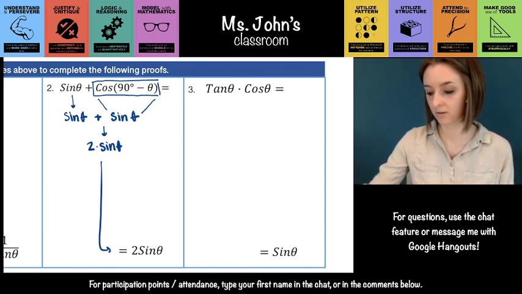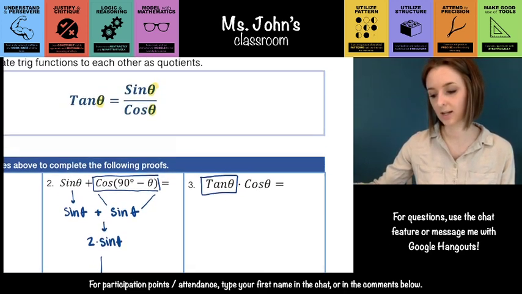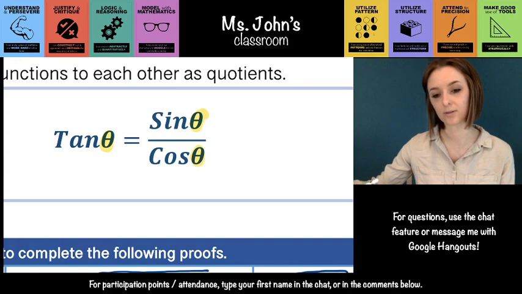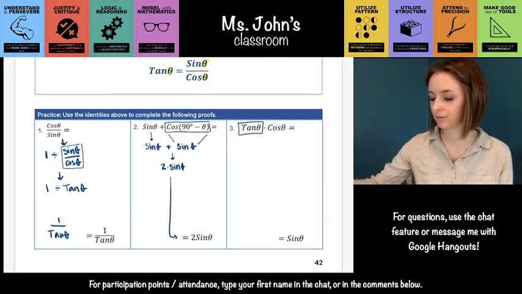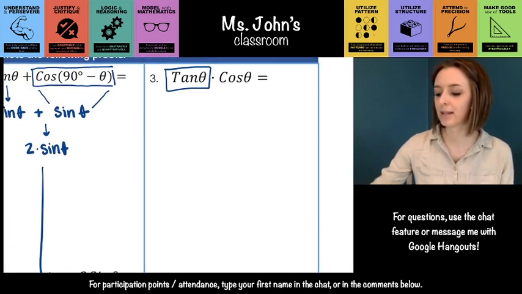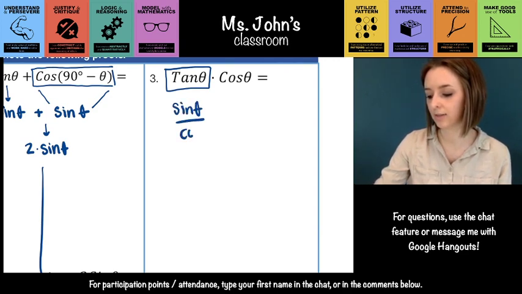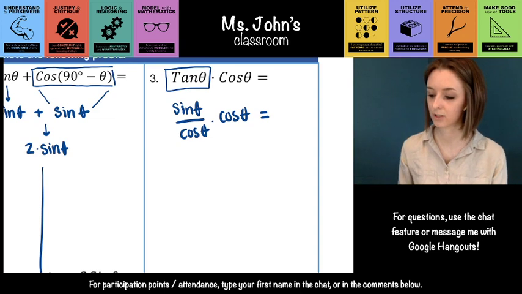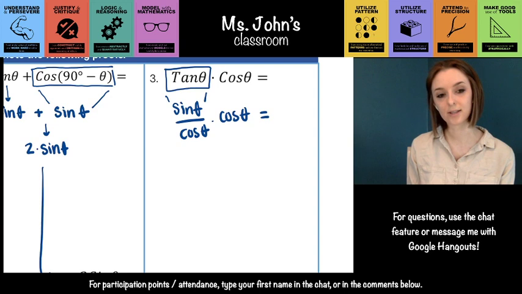So I'm going to replace tangent of theta with its identity up here, this sine over cosine. I'm just going to replace that because I'm trying to make it equal sine of theta. That's my goal down here. And so I'm going to replace tangent of theta with sine of theta over cosine of theta. Just like that, I replaced tangent with its equivalent, with its identity.